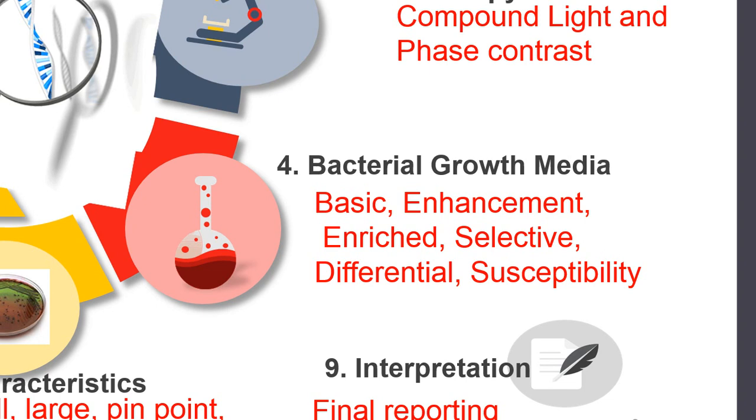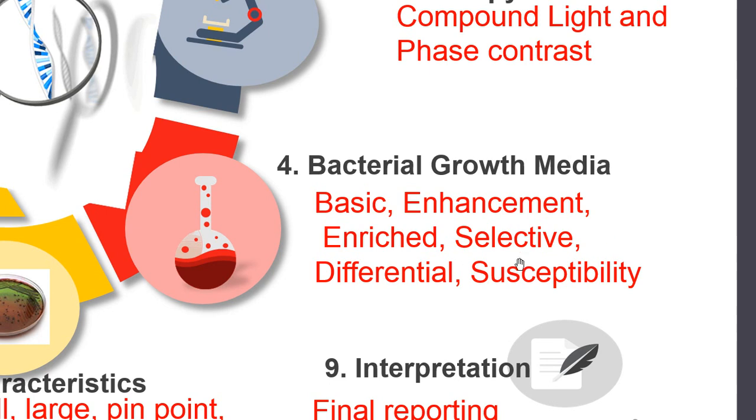For example, we use the antibiotic disc diffusion method, also called the Kirby-Bauer sensitivity method, or we also use the E-test method, especially when we are specific about the minimal inhibitory concentration of the particular antibiotic.